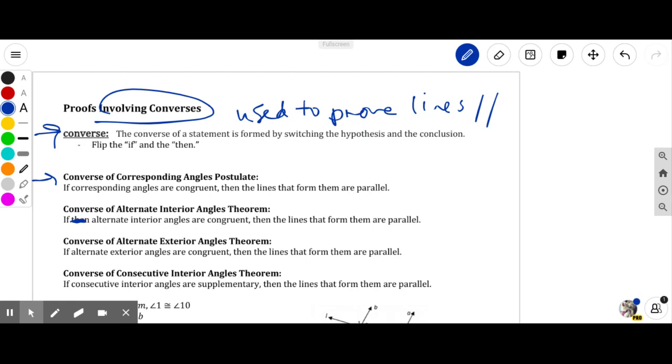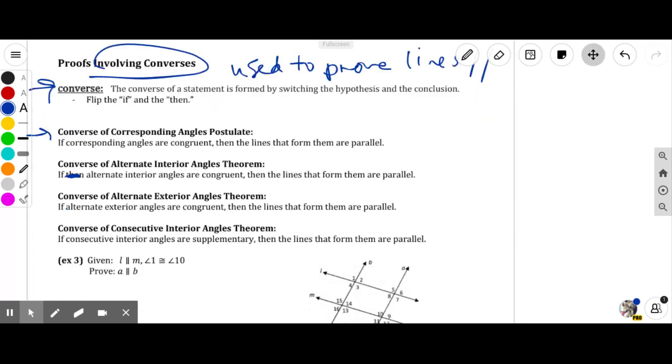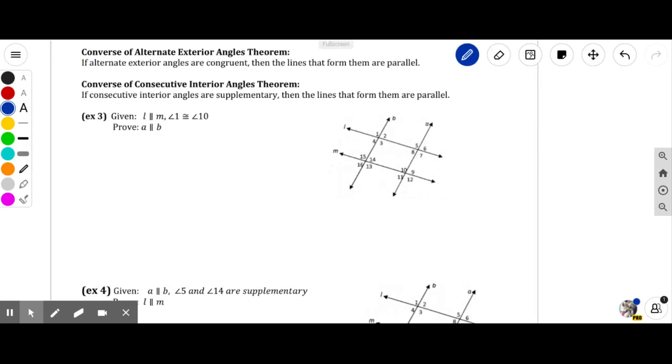So any theorem can have a converse, and again, these are used to prove that lines are parallel. If you take a look at these examples, it's asking us to prove that A is parallel to B, versus the front that had us prove things about the angles. So just looking at a proof, I know it's going to be one where I have to use a converse, because of what we're being asked to prove.